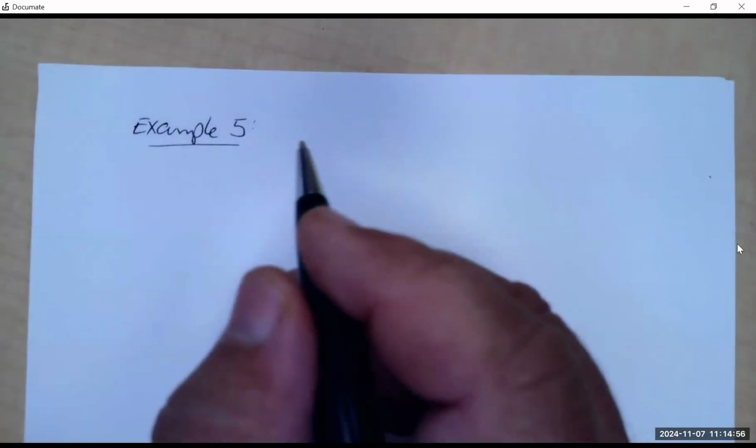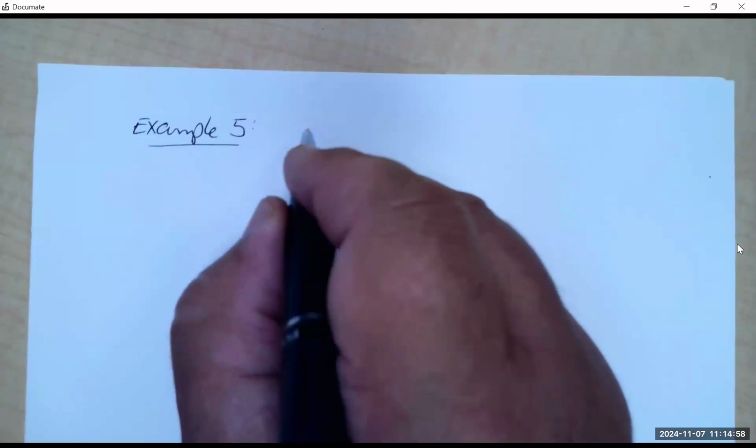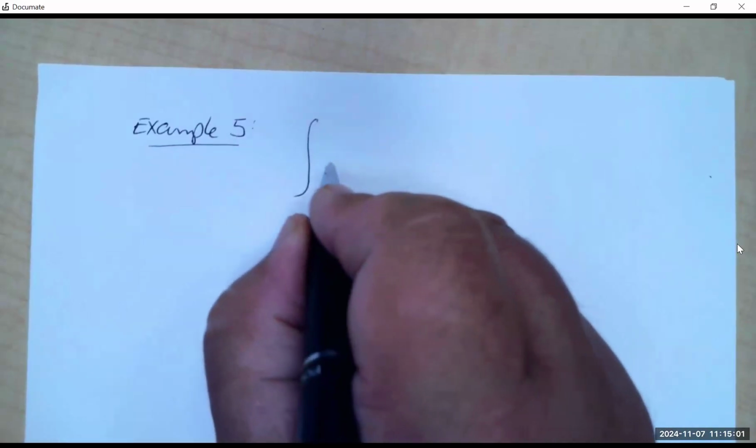Example 5: use partial fractions to evaluate this function.